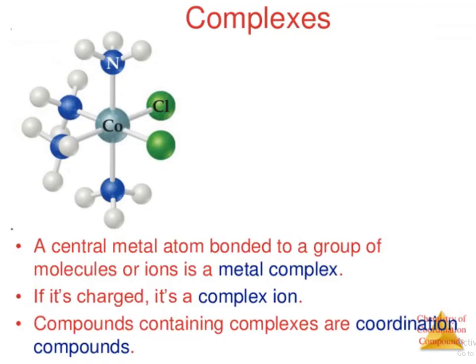A central metal atom bonded to a group of molecules or ions is a metal complex. If it is charged, it's a complex ion. Compounds containing complexes are coordination compounds.